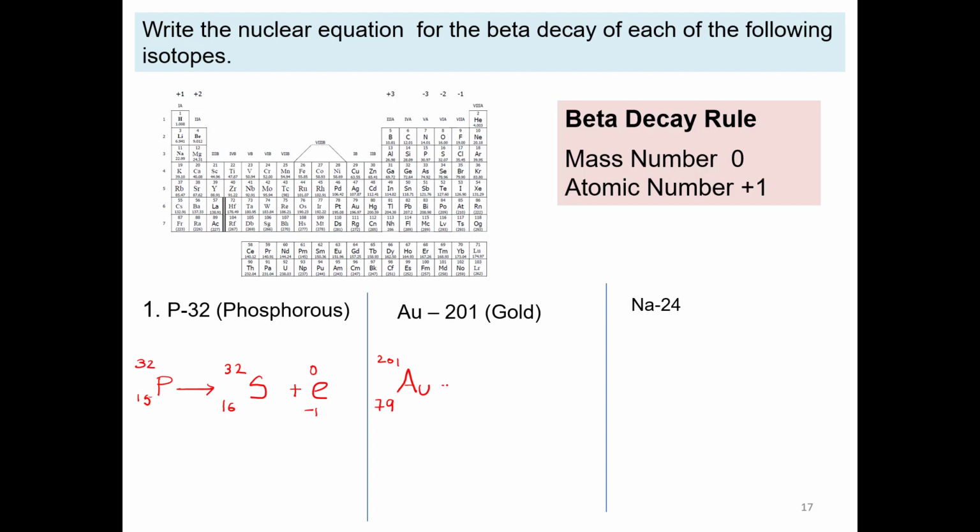If beta decay occurs, then the mass number of the isotope in the products will be the same, but the atomic number increases by 1, so it will be 80, plus a beta particle. To know what isotope we have here, we will use the periodic table, and in this case it will be 80. 80 corresponds to mercury.